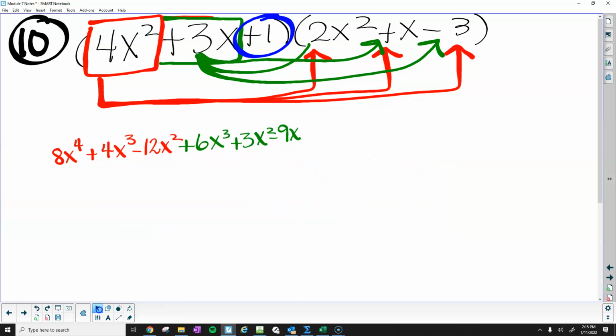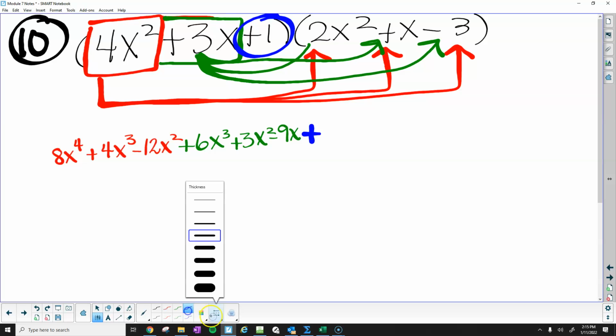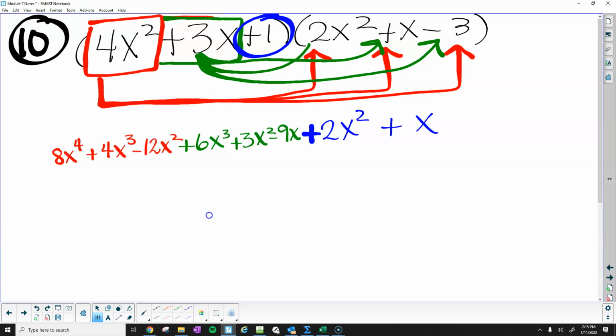All right, I still got to do my 1. So I'm going to do my 1, tag it on at the end. So that's going to be plus 2x squared plus x minus 3.